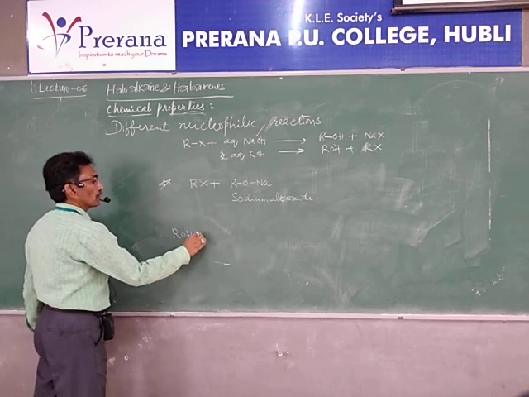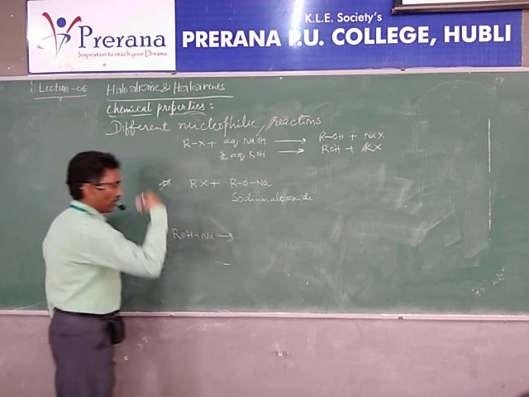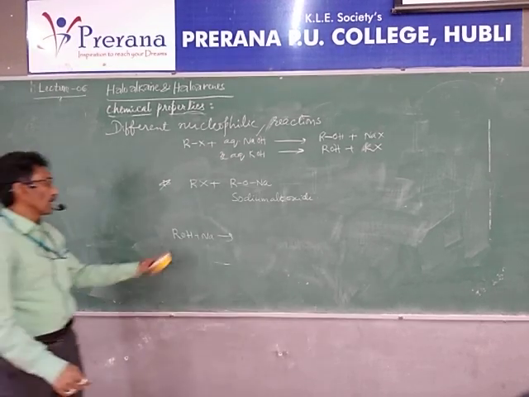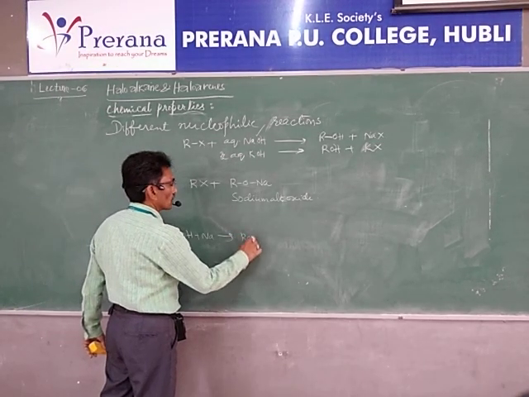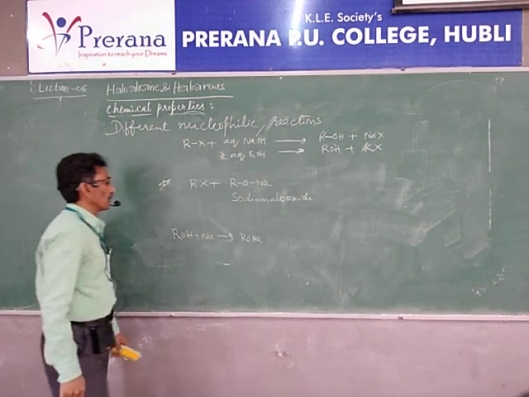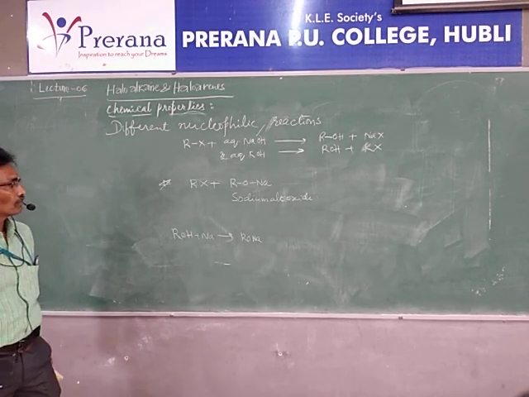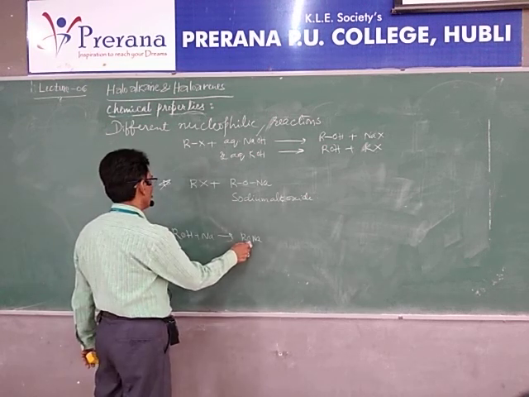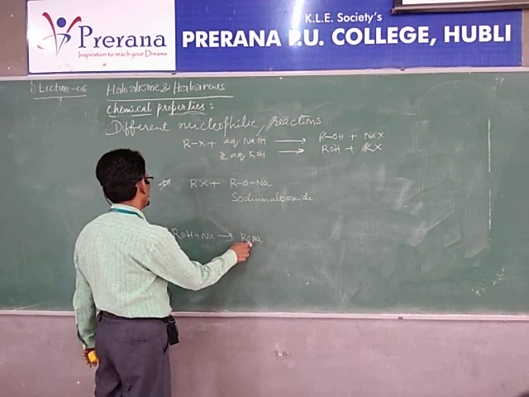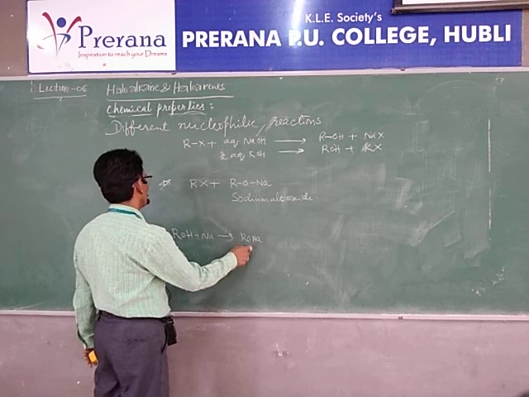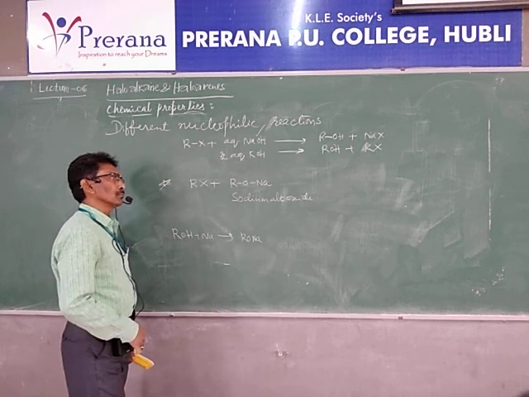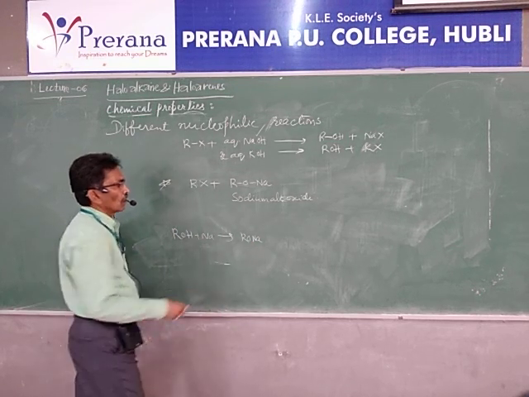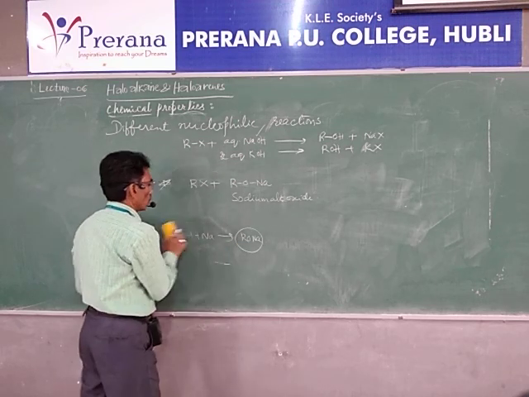Alcohol reacting with sodium metal is our next coming topic, and that gives RONa, a salt. Therefore, answer is RONa, that is sodium alkoxide.